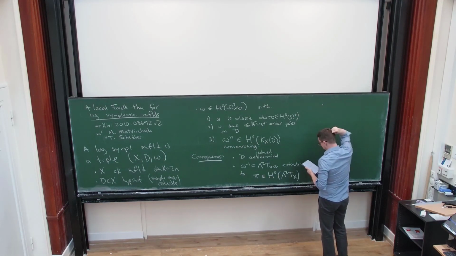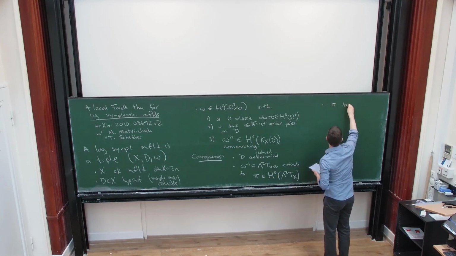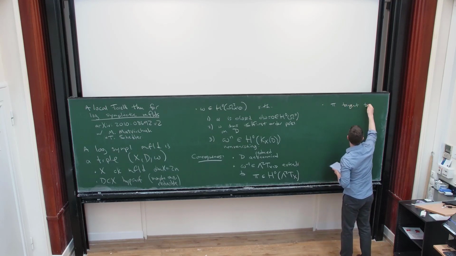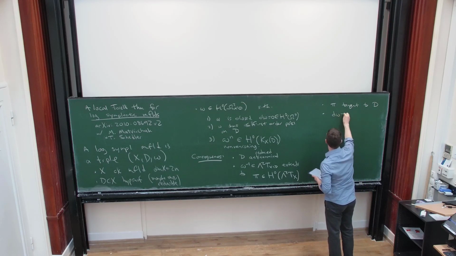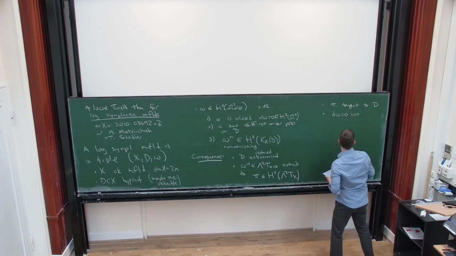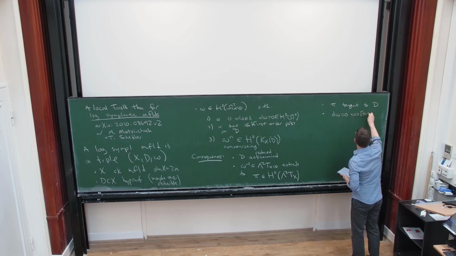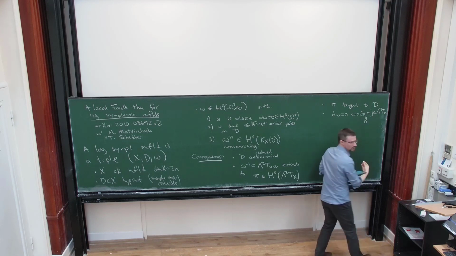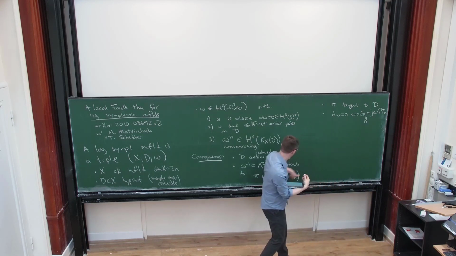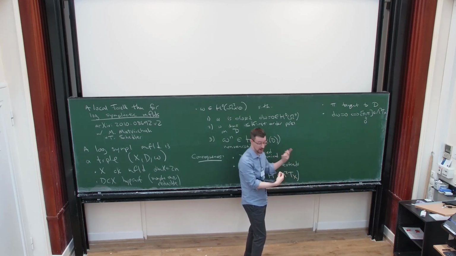For instance, pi is tangent to the divisor, and the condition that d omega is equal to 0 corresponds to the statement that the bracket of pi with itself, which is a trivector, is 0. So maybe this is not so familiar, but on the exterior powers of the tangent bundle, there's a bracket called the Schouten bracket, which is a generalization of the Lie bracket of vector fields.